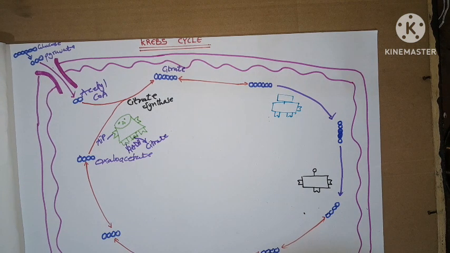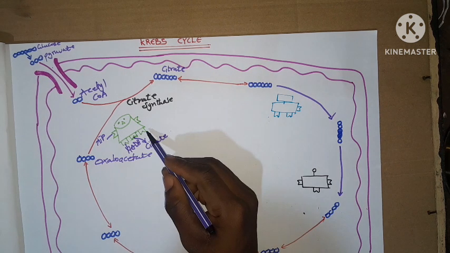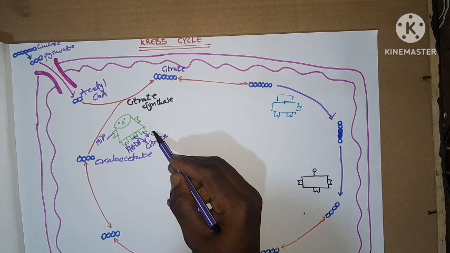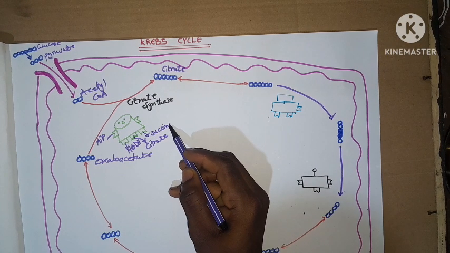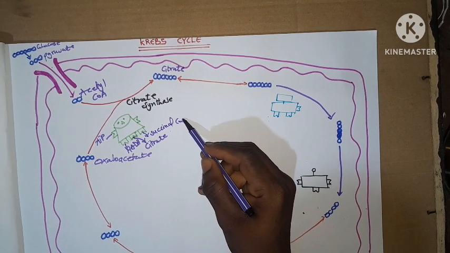And also succinyl-CoA can inhibit this enzyme, to prevent it from making more of itself, so that it will not make too much succinyl-CoA. So succinyl-CoA will also inhibit this enzyme.